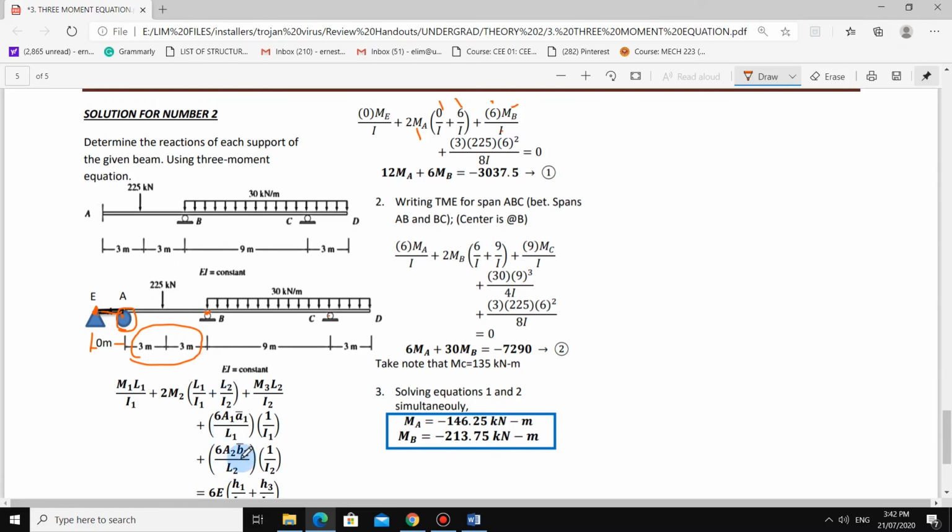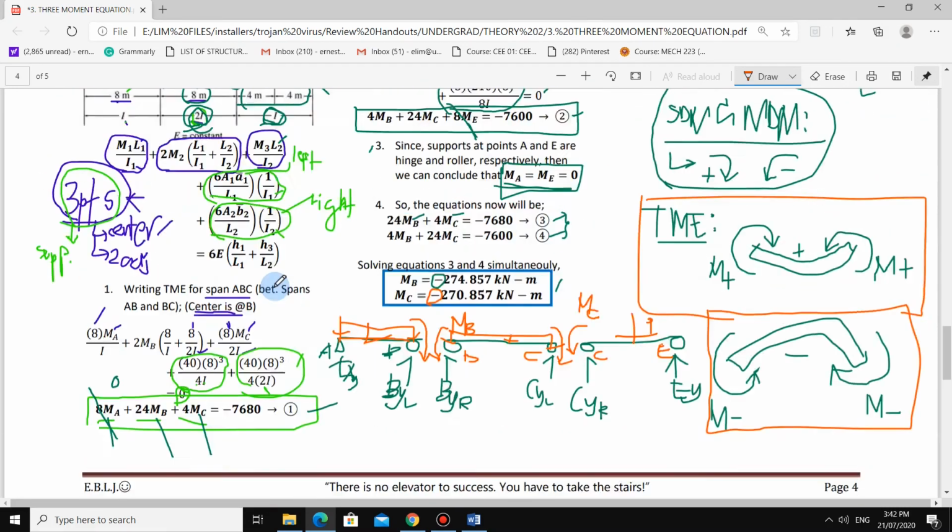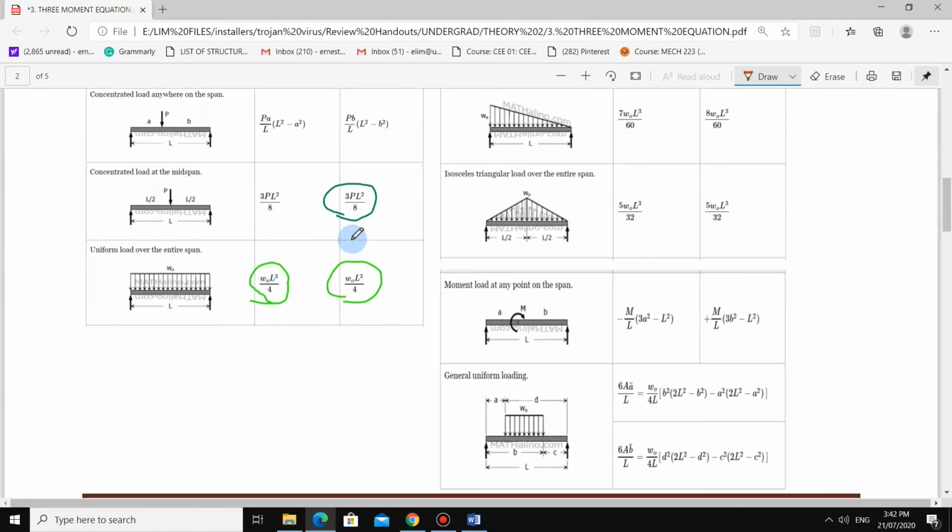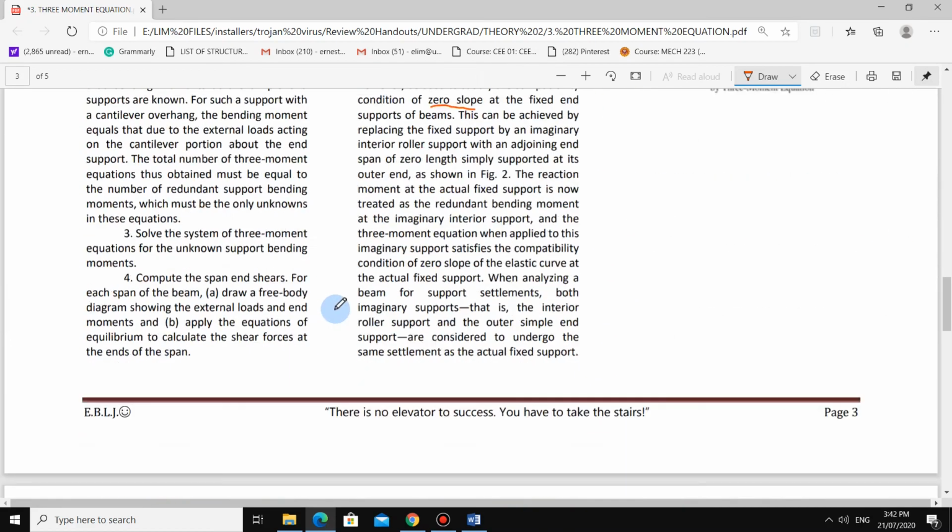Then for 6A-bar-b over L, on the right side is span AB, where we have a load, which is 225 kilonewtons, a concentrated load at the center. So that is 3PL squared over 8, from the table again, from the table.